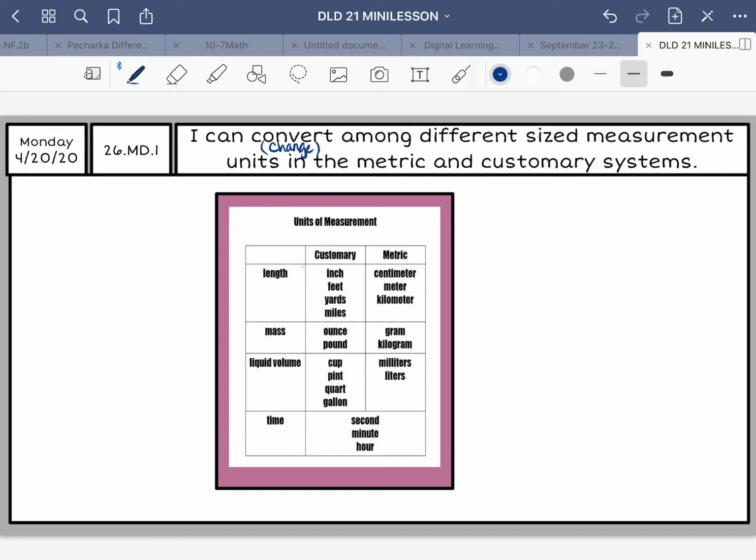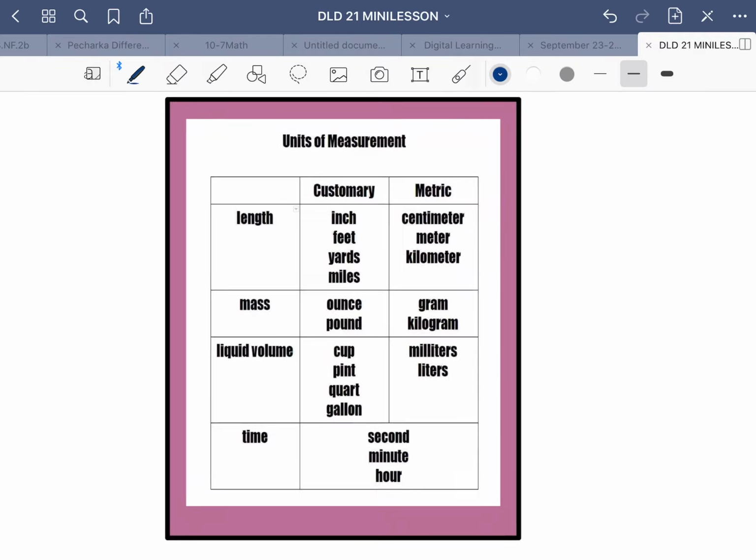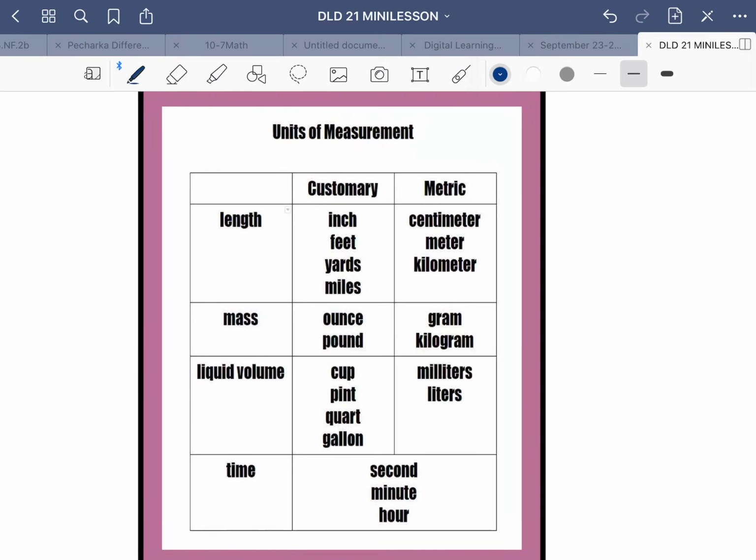You're going to make a change between the different measurement systems. And so here you see that I'm presenting to you a table or chart with two different systems. The first system is the customary measurement system, and the second system is the metric measurement system.